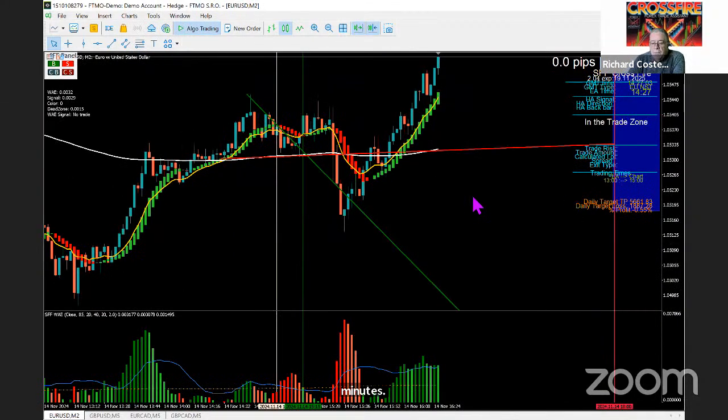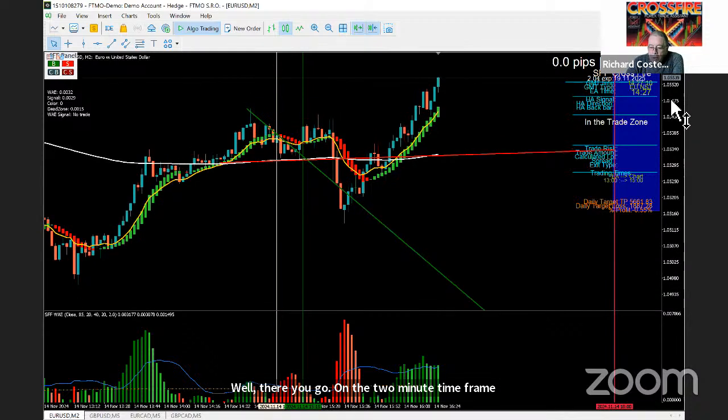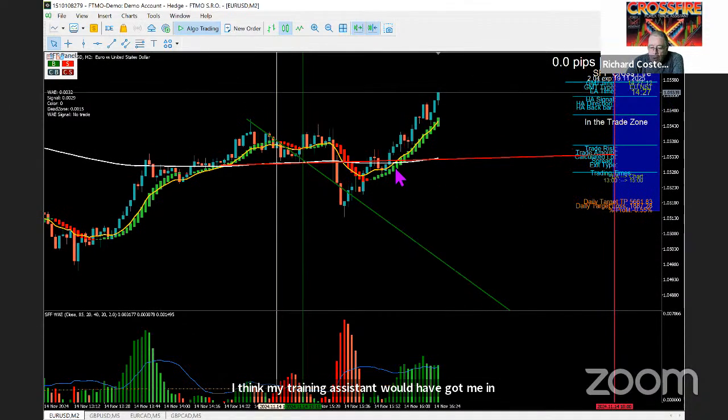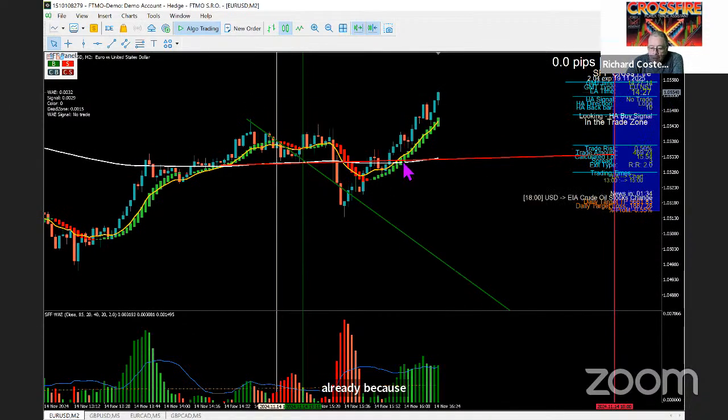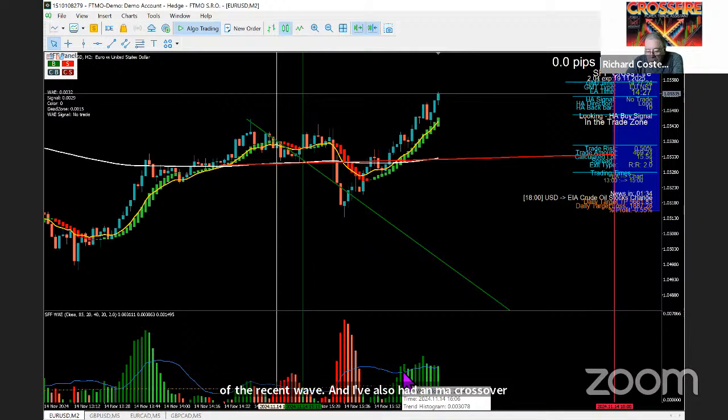On the 2 minute time frame, I think my trading assistant would have got me in already, because I'm above the 200, I'm above the red and the green trend line. I've had a recent wave, and I've also had an MA crossover. So at this point, the only doubt was the water atta.